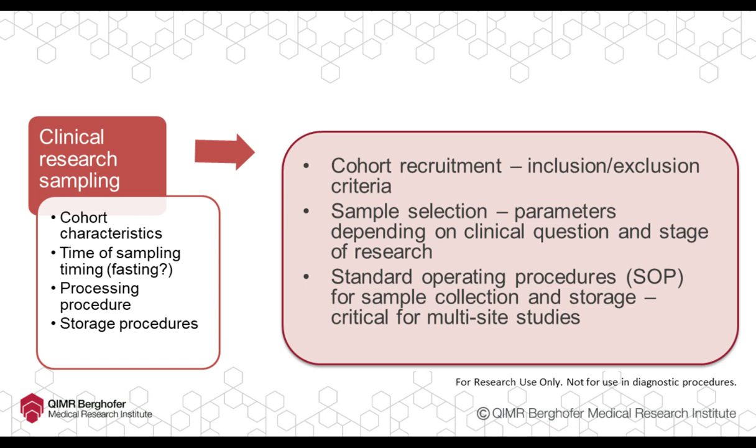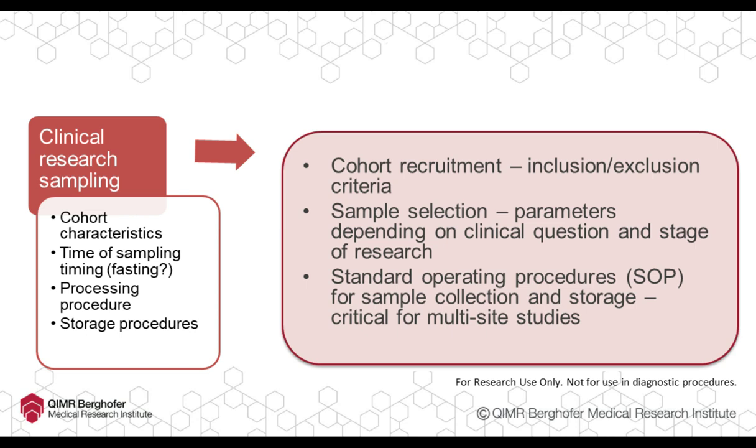So here are some suggestions which we've learned through our last few years' work in this area. In terms of the clinical research sampling, we would clearly define inclusion and exclusion criteria and choose samples very carefully in terms of what samples we analyze. Unless the research project has large budgets, often we cannot afford to analyze all samples collected. At different stages of the clinical research, you may want to analyze different types of samples.